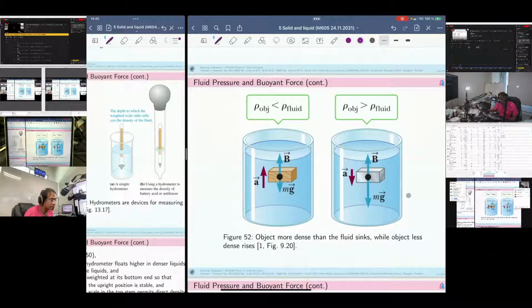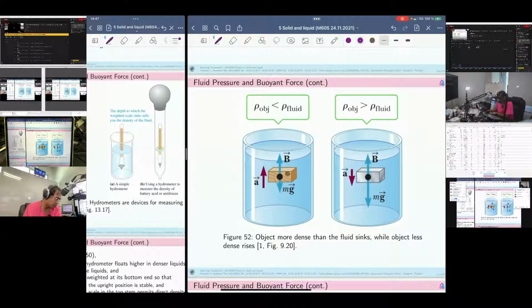Once you let something stay inside the water like this, when the density of this cubic piece is less than the density of the fluid, this object is going to go up. It's called floating acceleration, right? It's going to stay on top of the water surface.